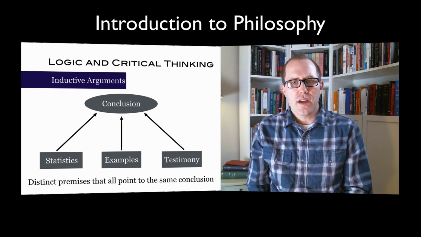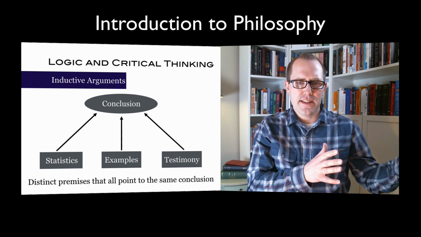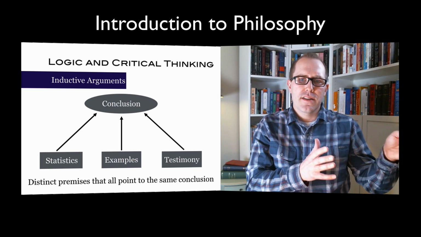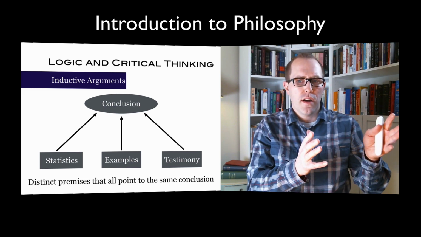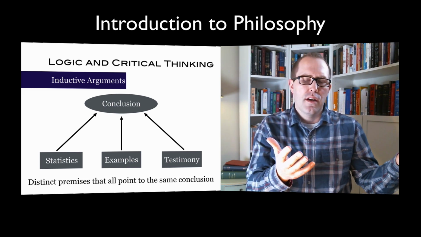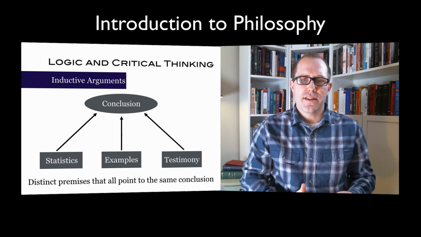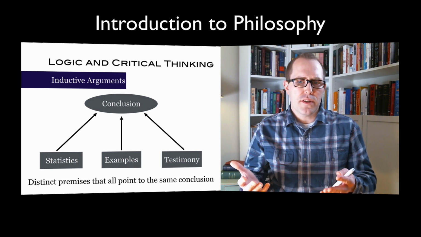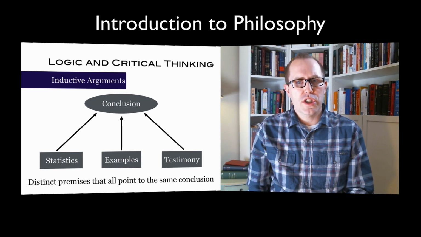So if you look at the structure of an inductive argument, it might be set up like this. Say you have a set of statistics that, when you evaluate them, point to a probabilistic conclusion. Now you can add to those statistics a set of examples, and those examples also point to the same conclusion.